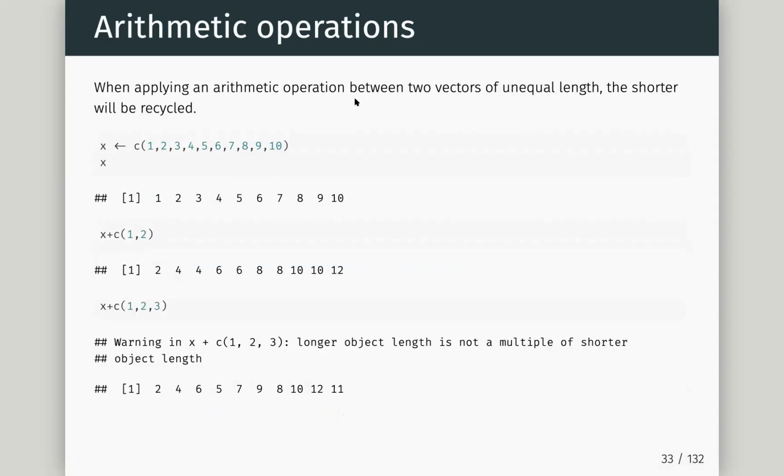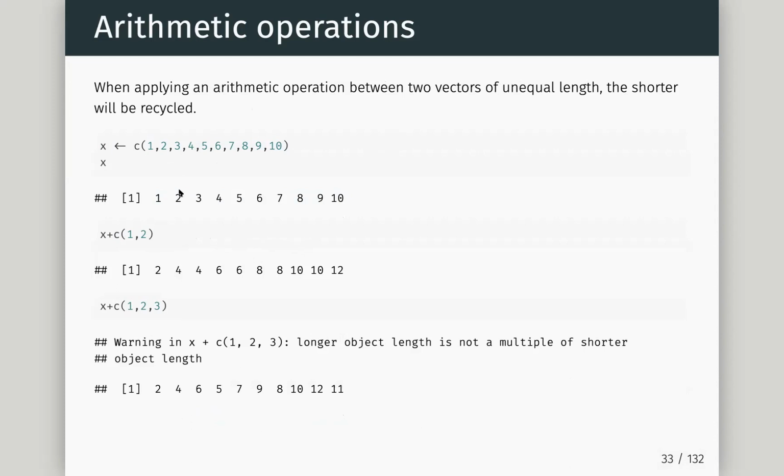When we're applying our arithmetic operation between two vectors of unequal length, it's going to be a little different, and the shorter one will be recycled. So in this case, I have a long vector, 1 to 10. If I ask it then to add another vector to this, 1 and 2, it's going to use 1 and 2 and then recycle them in the addition.